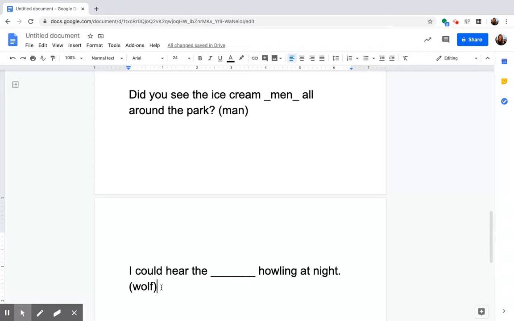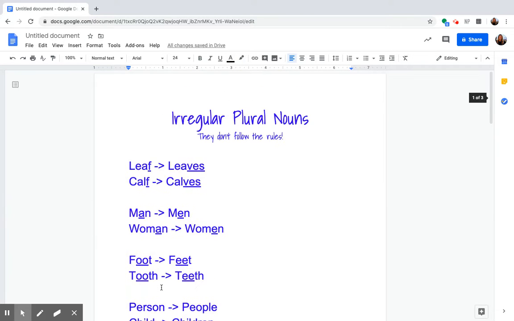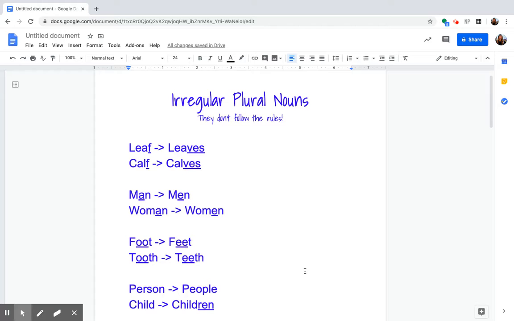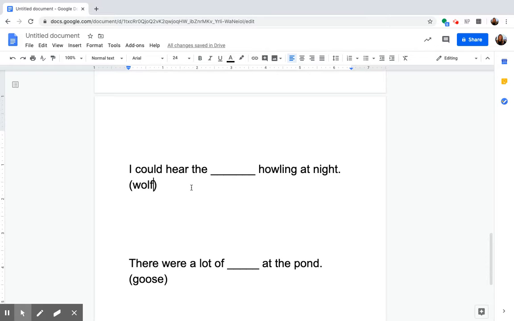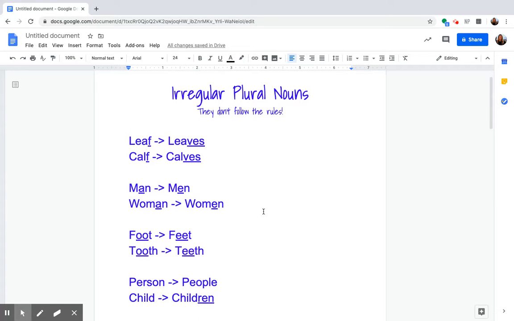The sentence says, I could hear the blank howling at night. Hear the what howling at night? Well, the singular form is wolf. We're talking about more than one wolf. We need to change it to its plural form. Now, if we look back up at our cheat sheet, I don't see wolf on here. But I noticed that wolf ends with the same letter as this group.